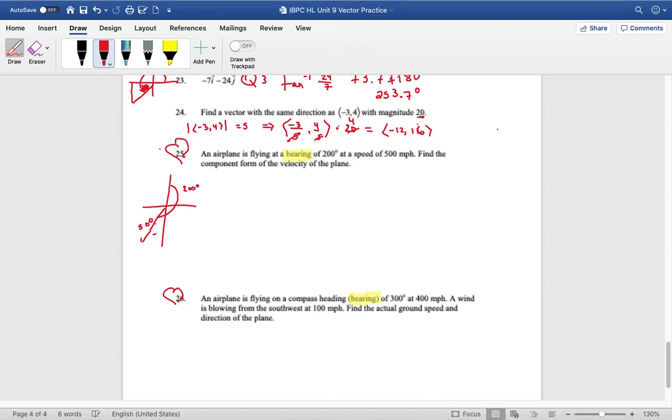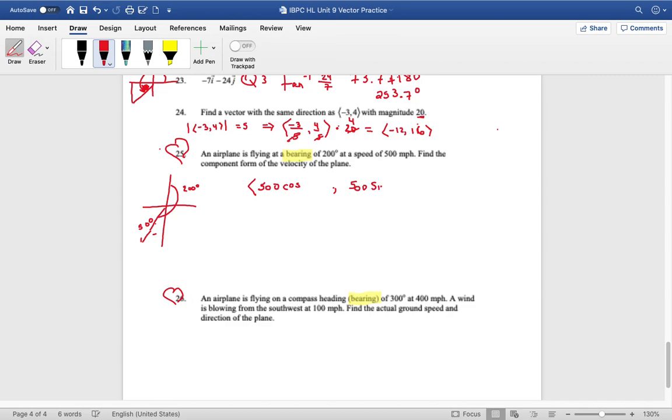But they want the component form of the velocity of the plane. So to find the component form, I am multiplying 500 times cosine of an angle, and then 500 times the vertical component, which would be the sine. The problem is that's not 200, right?